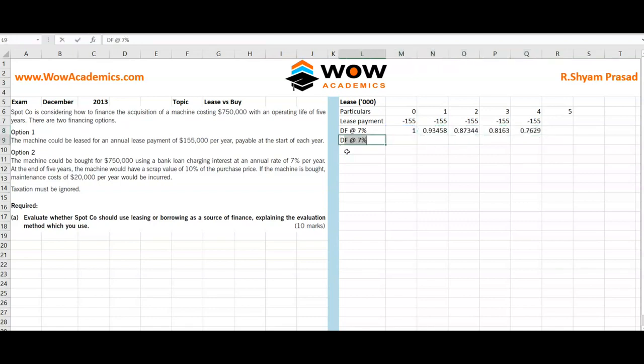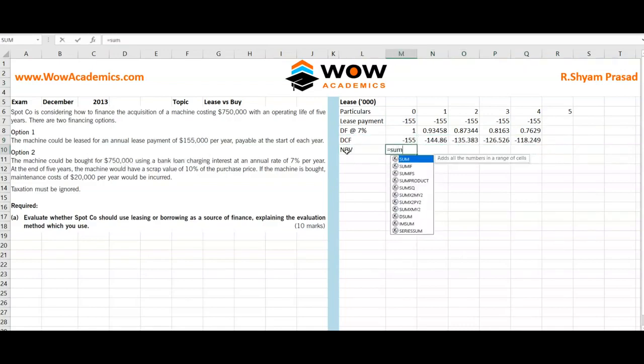So next one is to find out the discounted cash flow. So that's just a multiplication of both these numbers, multiply them together, and you got the relevant discount cash flows. The last one is the NPV. So NPV is much easier.